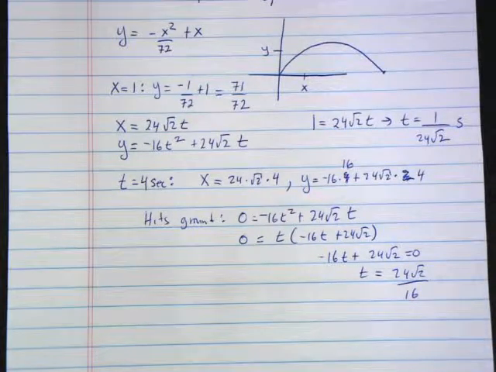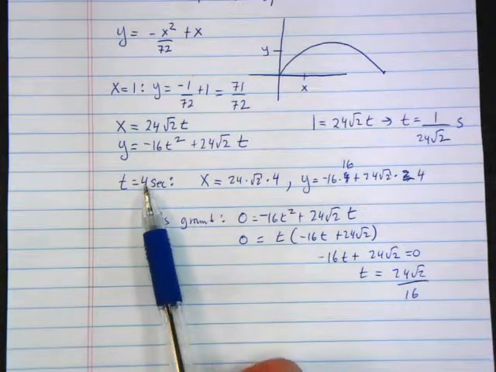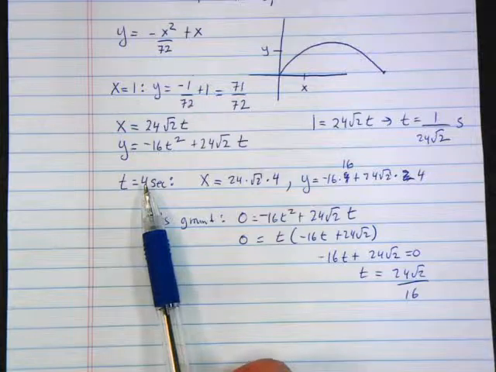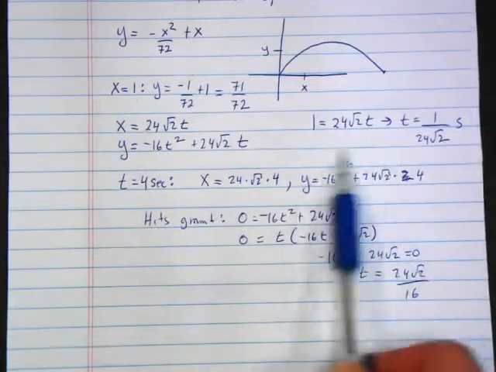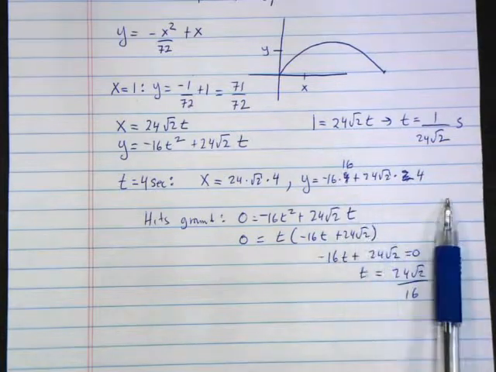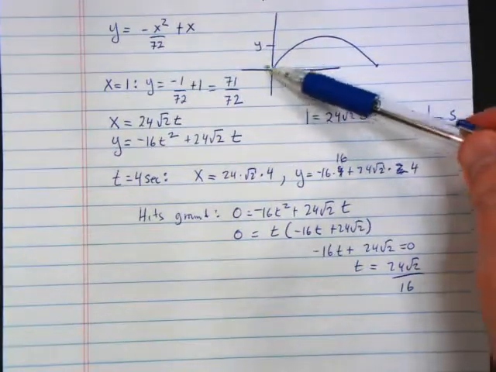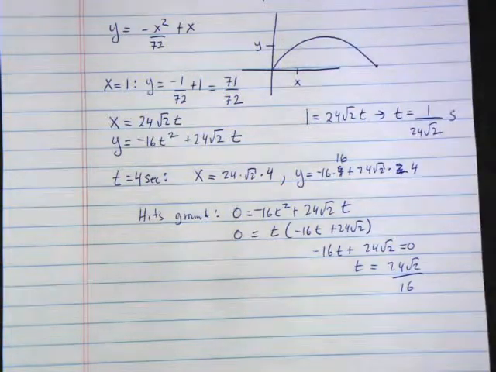And now that I look at this answer, I'm thinking that probably plugging in t equals 4 was a very bad thing, because I'm guessing that this number is a negative number. So that's okay. What it means is we shot our object and then it fell off a cliff, and then it landed at the bottom of the cliff. So the ground was not level.